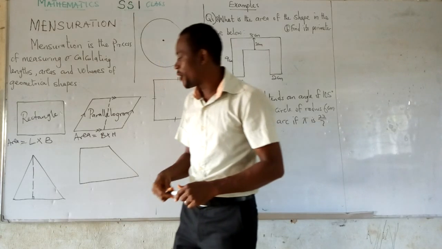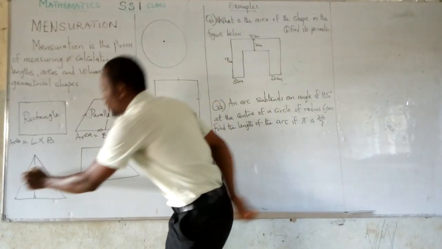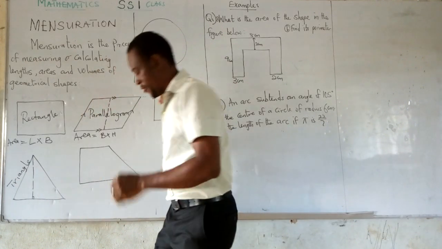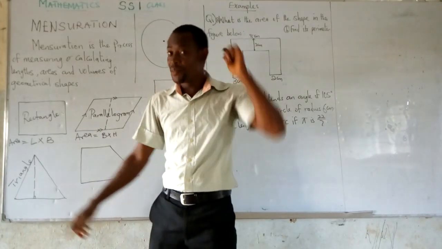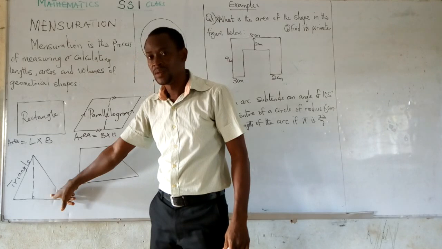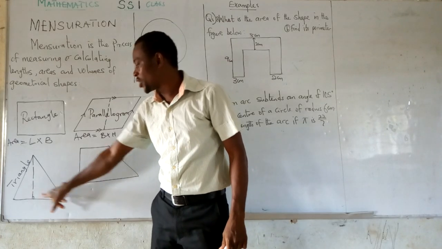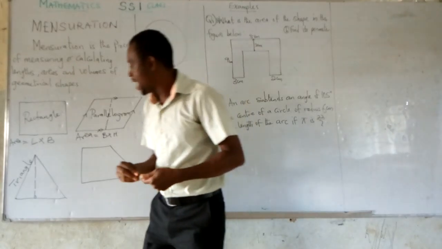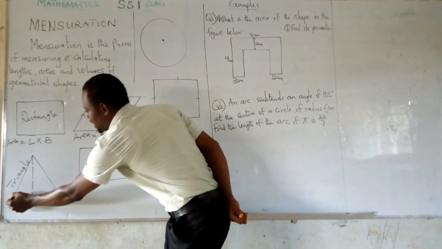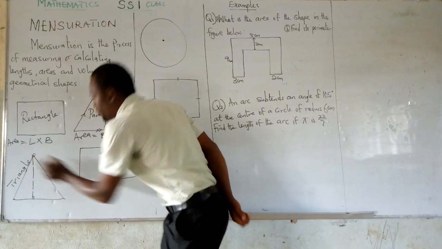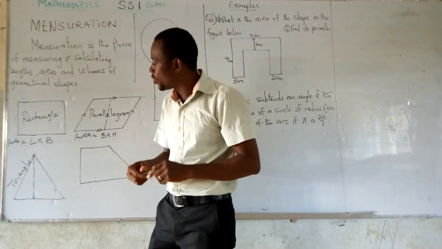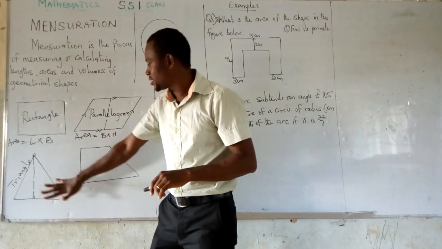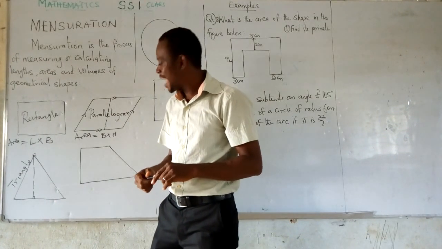Then we also have another one here, which is the triangle. What makes this a triangle? It has three angles. This point where the lines meet is called the vertex. We are not trying to look at the properties, but I just want to chip in that.